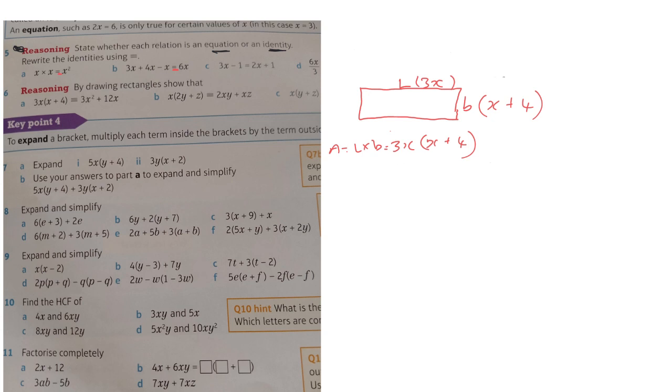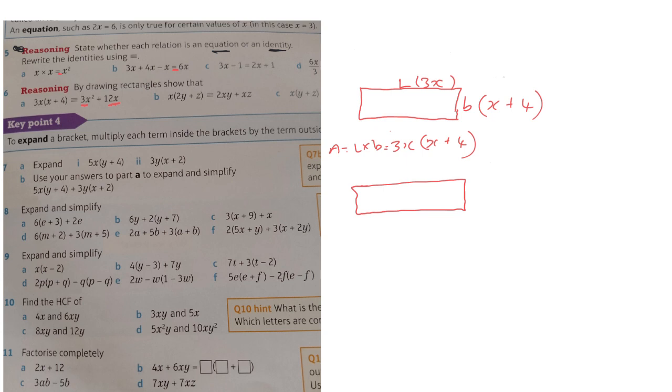Now, if we want to write it on the other side, which is saying the area, we have here 3x squared, which is showing the area of one side, because when we square a number, that's area, right? And 12x is just a particular rectangle.